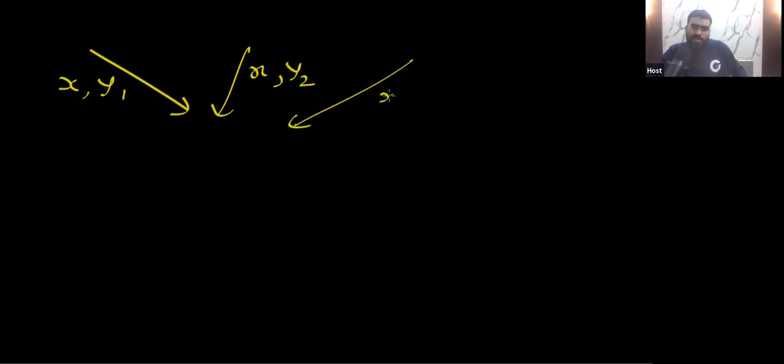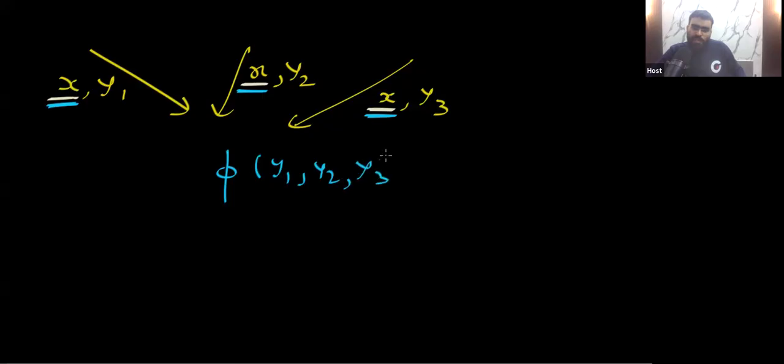And from this side, x is coming and y3 is coming. Then tell me, will you use a phi function for x? No, there is no need, because from every side the same x is coming. So you will use the phi function for y1, y2, y3, but there is no need of a phi function for x.